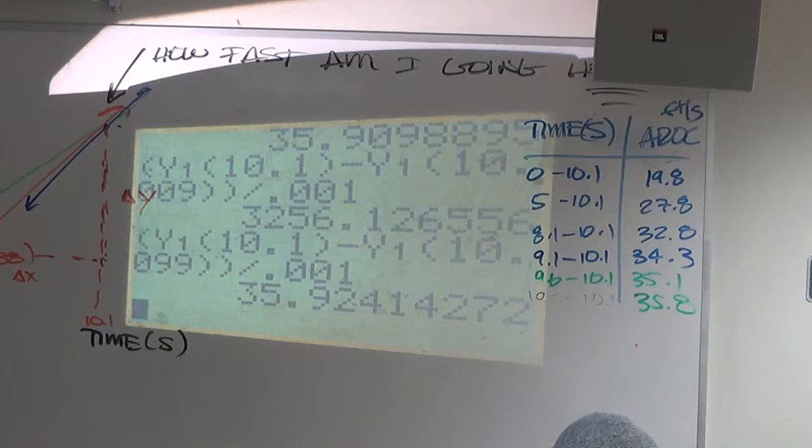So, but now look, 35.92. It's a little faster than 35.91. But not much faster. And the last question of the quiz is, how much different are your previous 3 numbers? Not really. Not a whole lot, right? So now, the policeman's radar gun, when they're pointing that thing at your car, they're taking 2 very quick readings, maybe 1,000th of a second apart. What do you think? Is that a pretty good indicator of how fast I'm going right there at that moment at 10.1 seconds?